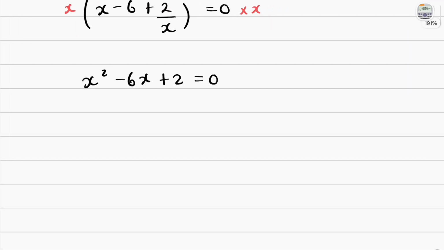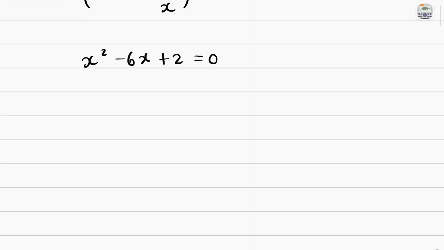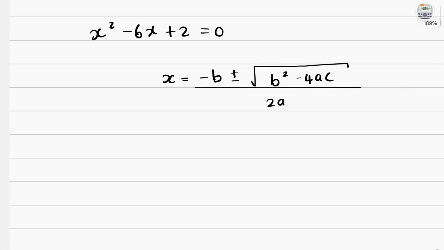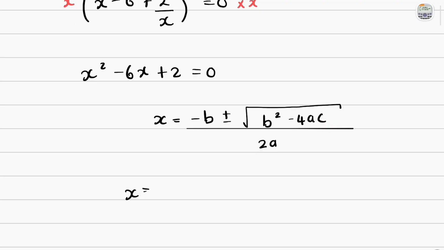Okay. We know that we can't factorize because we have to correct 2 decimal places. So we need to use the quadratic formula here. And here's the quadratic formula. And in place of a, b, and c, we'll substitute our values. So remember, this is a quadratic equation in the form of ax squared plus bx plus c is equal to 0.